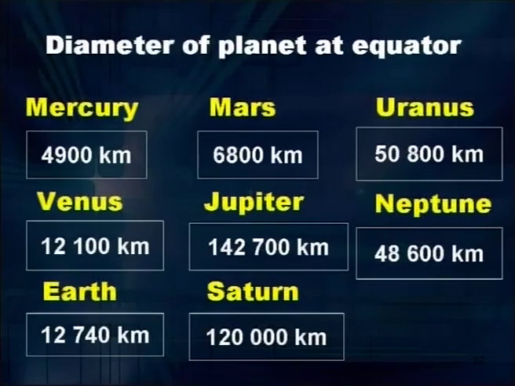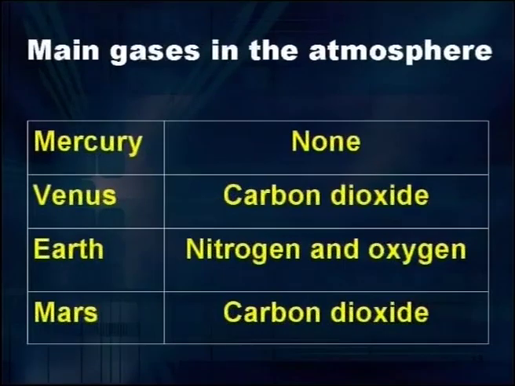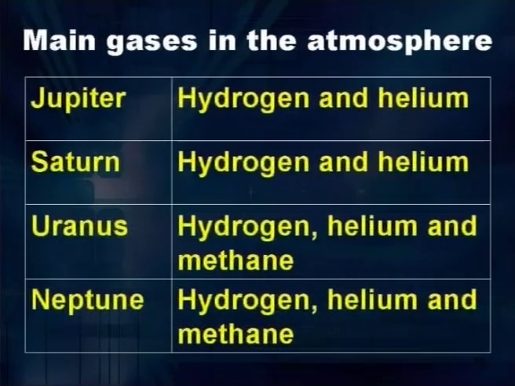Main gases found in the atmosphere of the planets. Just the information that belongs to your planet, the one that you chose. Next 4 planets.